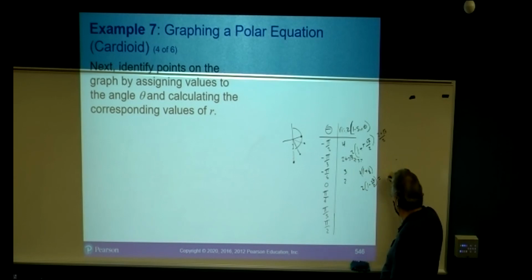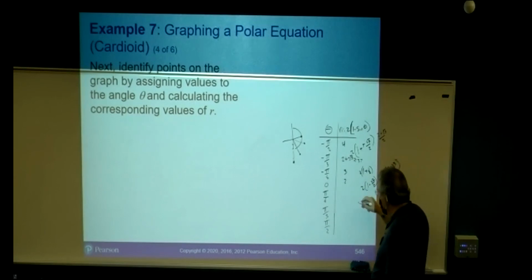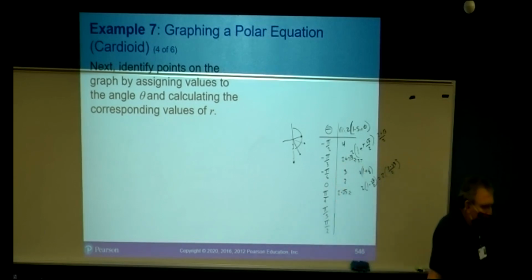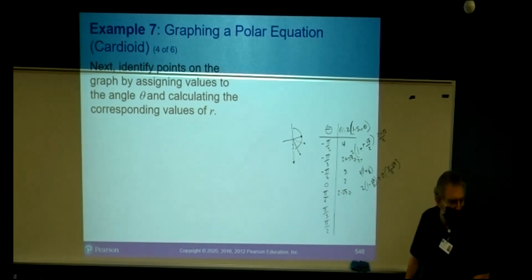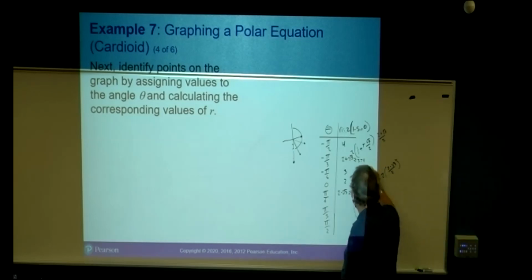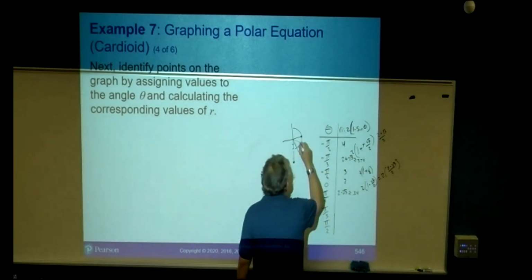And so we get 2 times 2 minus the square root of 3 over 2, which is 2 minus the square root of 3, which is approximately, you punch it in the calculator, I think they're rounding to 2 decimal places, 0.24. 0.24 along this. So if that's 1, that's going to be about here.